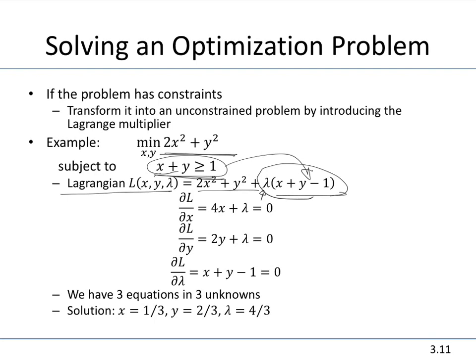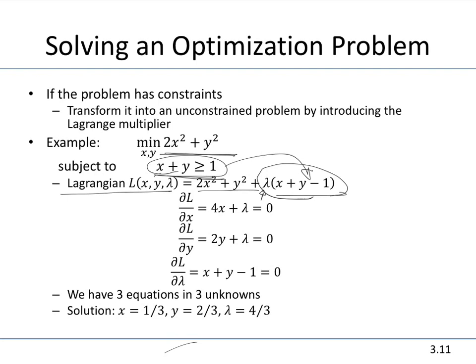For the best x and y. Yes, and this happens when the condition is fulfilled, then lambda will be zero. Okay. So when the condition is fulfilled, lambda will be zero, which means that the minimization of the Lagrangian will be the minimization of the original problem.